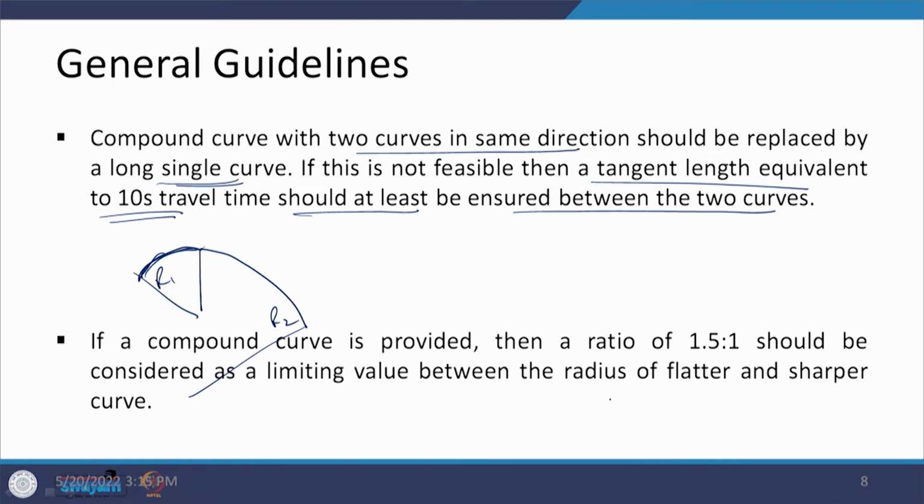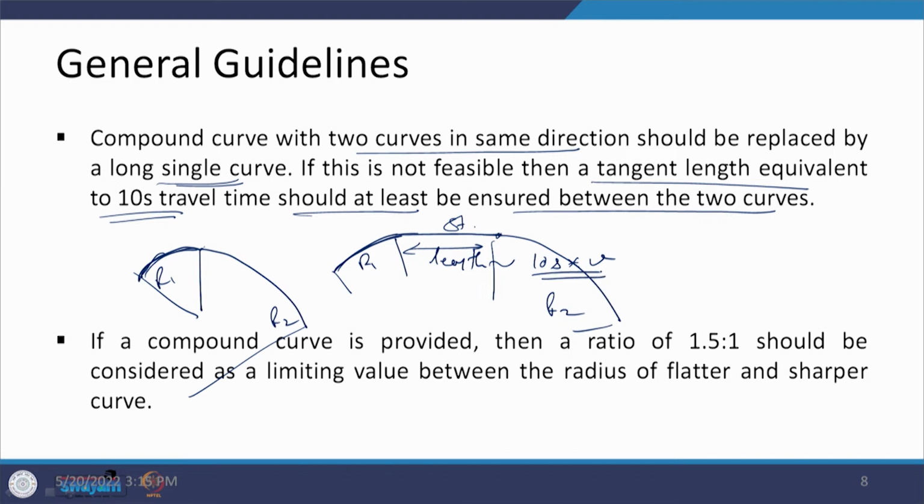These types of things are happening and we are not in a position to make it only R, then what it says is that this is related to R1, and then let us have a straight section which is tangent, and then from here we can have another curve with R2, and this length which we are talking about here should be equivalent to the distance travelled in 10 seconds. So, it is 10 seconds multiplied by V. That is how we are going to get this value. So, this is another important aspect we have to take care of.